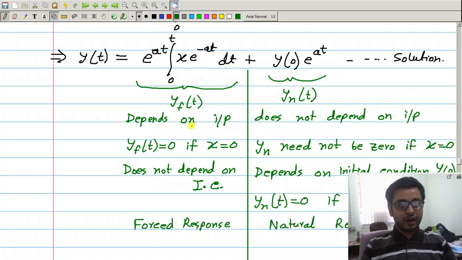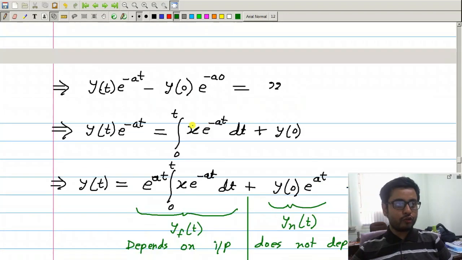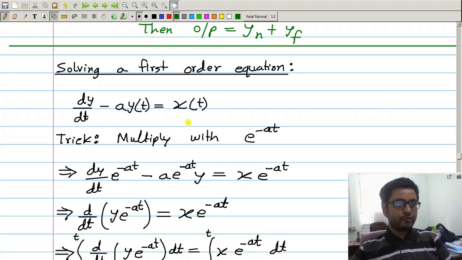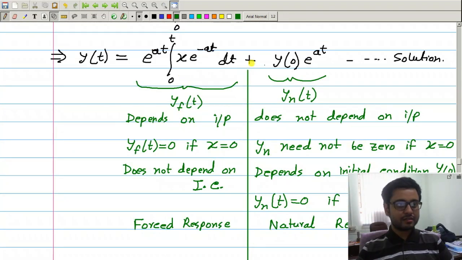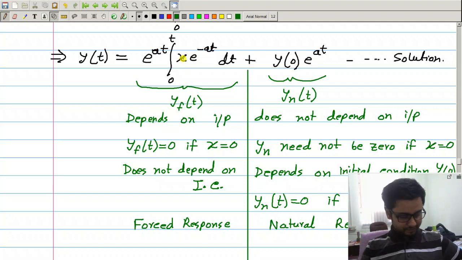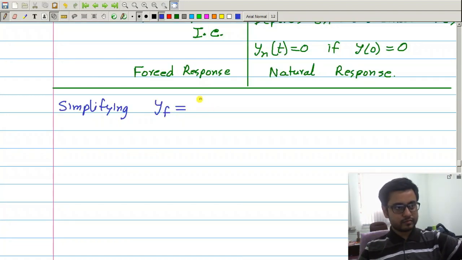So we have learned how to solve a simple first order differential equation, and here is the solution. But this is not quite complete because we will have to simplify this integration, this first term, or yf, which is given by this integration.